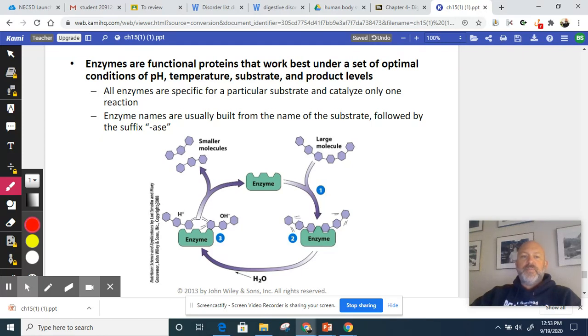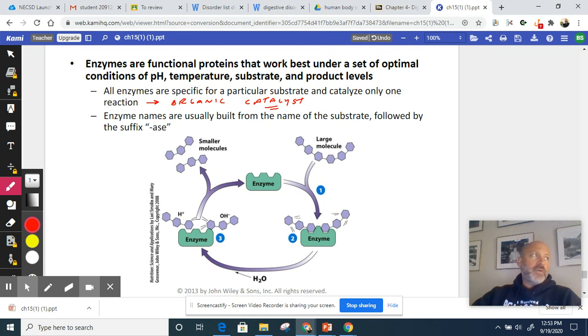Remember, an enzyme is considered an organic catalyst. A catalyst is anything that speeds up a chemical reaction.